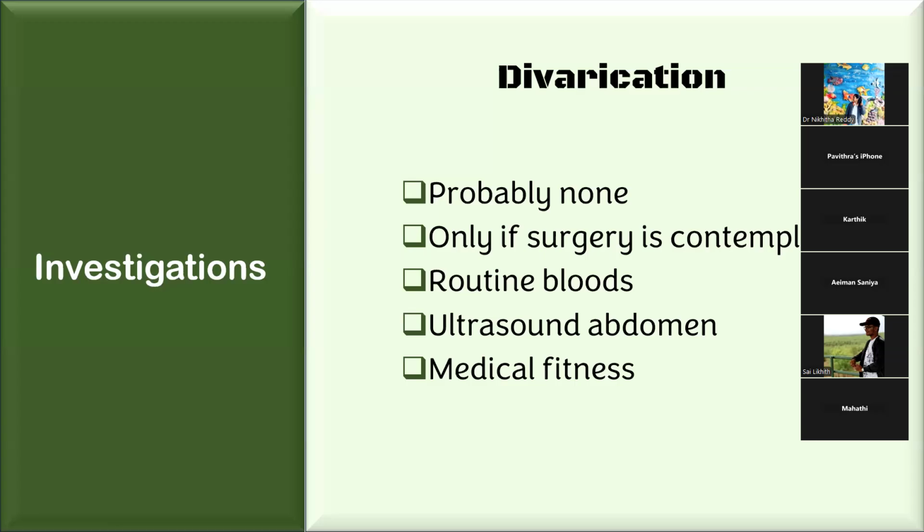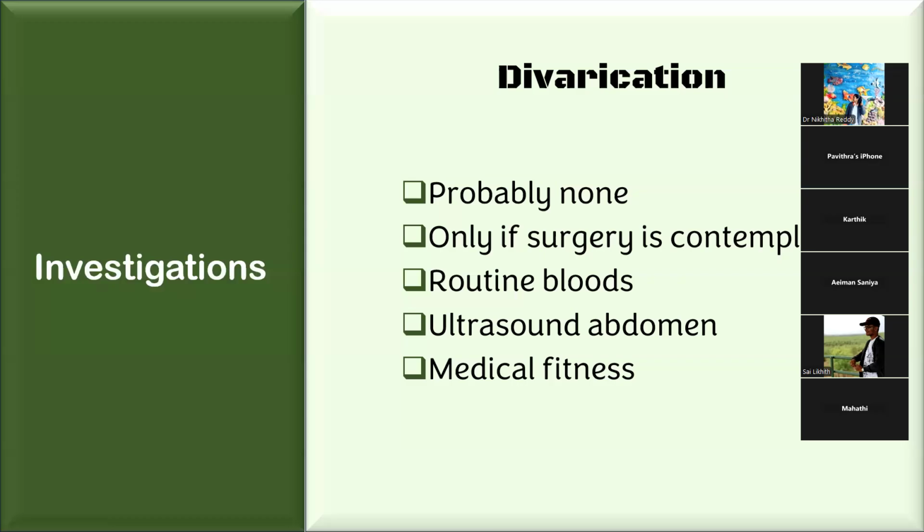What would you do with the ultrasound? What specific information are you looking for? Samir? Sir, first we have to look if there is a concomitant hernia. Okay. Good. Any associated problems?